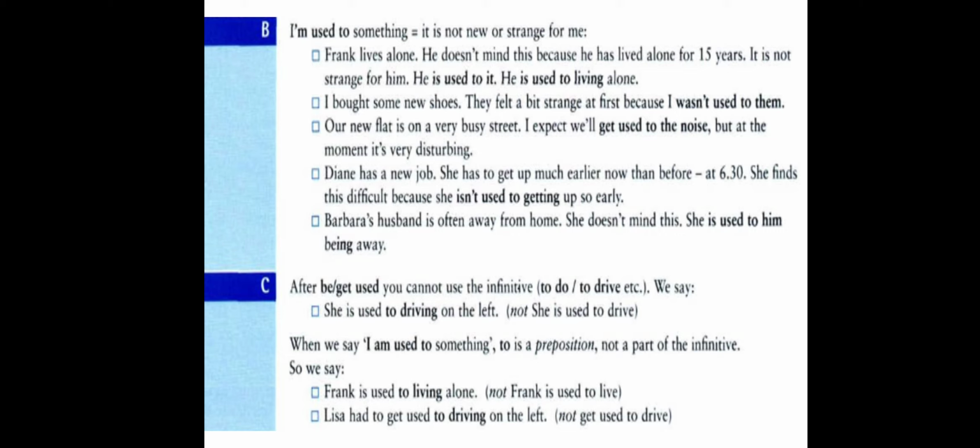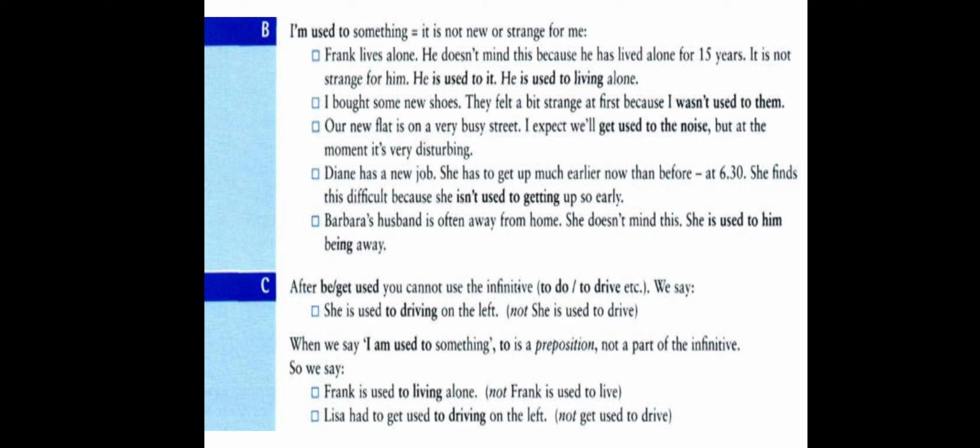We don't say that she is used to drive. We don't use base form because to here is not used as infinitive. It is used as a preposition followed by verb plus ing. When we start with verb to be or get, then used to, then we use verb plus ing.